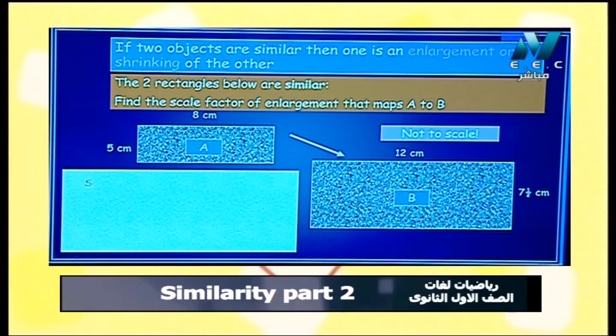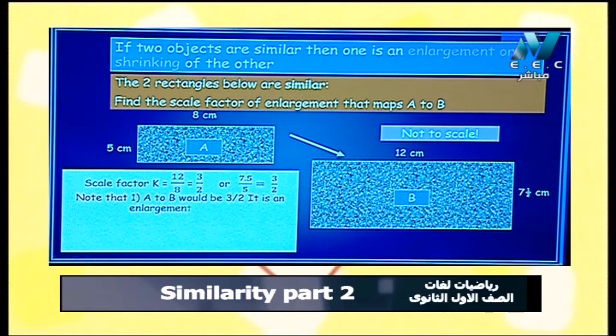We will go to scale factor K. Scale factor K equals 12 over 8 or equals 7.5 over 5, because 8 corresponds to 12 and 5 corresponds to 7.5.